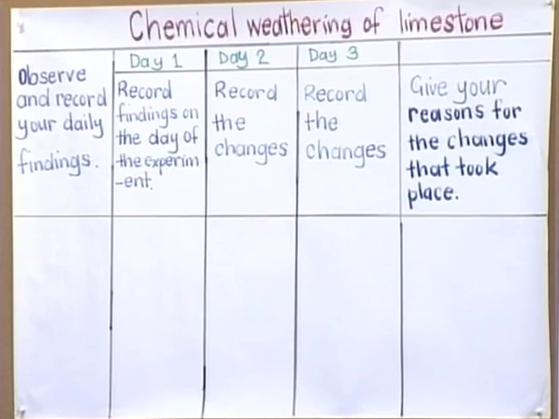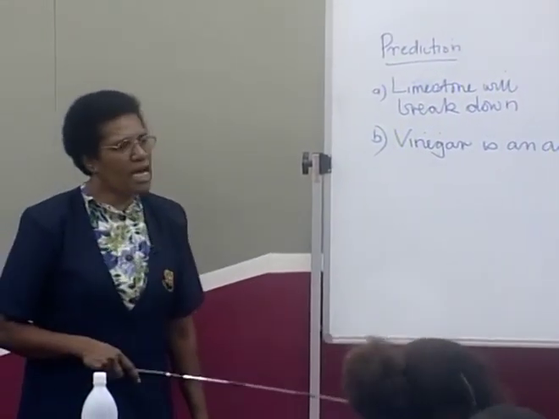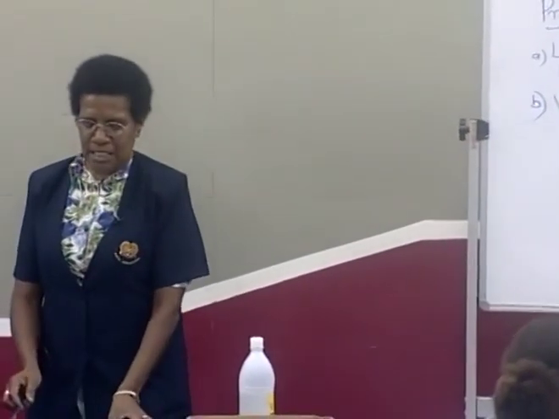Now, let's see what you found out from that experiment you just did. Our prediction was the limestone will break down, and the reason given was because vinegar is an acid. Let's have group 3.